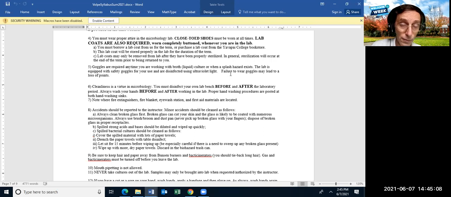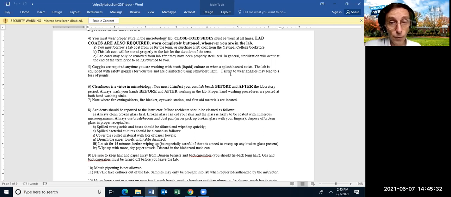And then when you're ready to leave, you should clean the workbench where you worked to kill all the microorganisms, and then take off your gloves, take off your lab coat, go wash your hands, and then you can leave the lab. Any question about that?